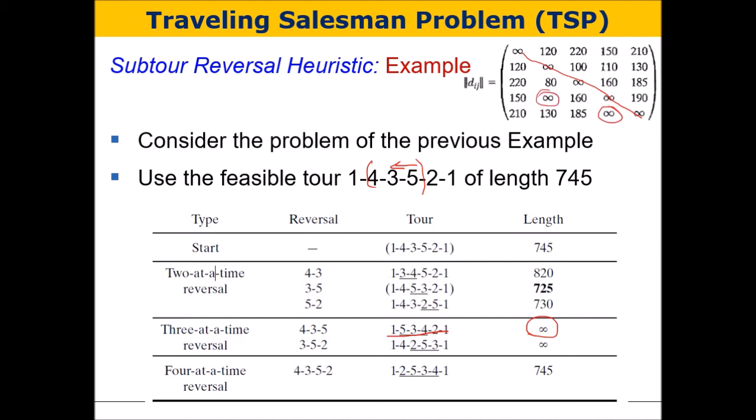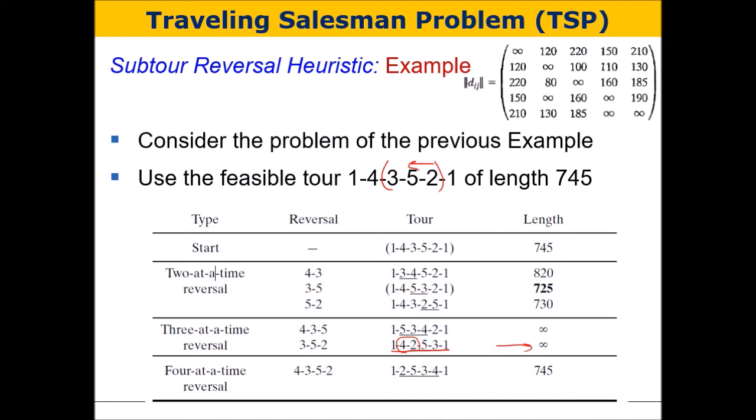As you see, going from 4 to 2 has a distance of infinity here. That's why the total distance is infinite. On the other hand, we can make another change with three cities by reversing the order of these, and we obtain this new solution. But again, we are going from 4 to 2 in this new solution, and again the total distance is infinite.